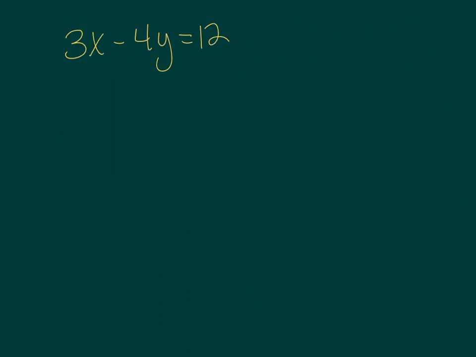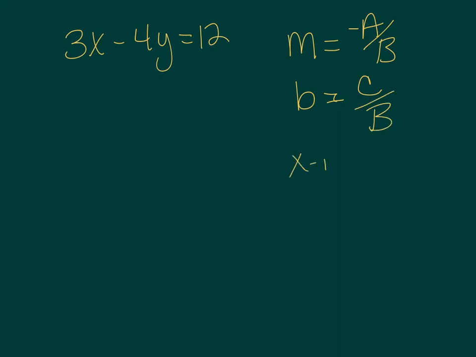Okay, so we said our slope is going to be equal to negative A over B. Our y-intercept, or b value, is equal to C over B. And our x-intercept is going to be equal to C divided by A. So in our equation we have 3x minus 4y is equal to 12.